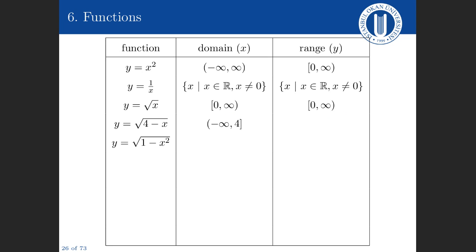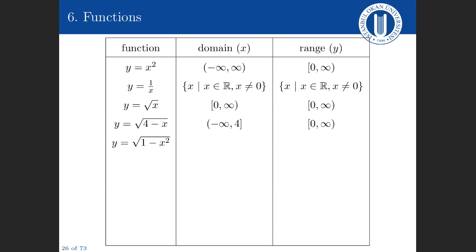Well, if we take 4, for example, if we put 4 in here, we get square root of 4 minus 4, which is 0. If we take minus infinity and we put this in here, 4 minus infinity is 4 plus infinity, or infinity. Square root of infinity is infinity. The range of y, all of the possible values of y, is the interval from 0 to infinity.